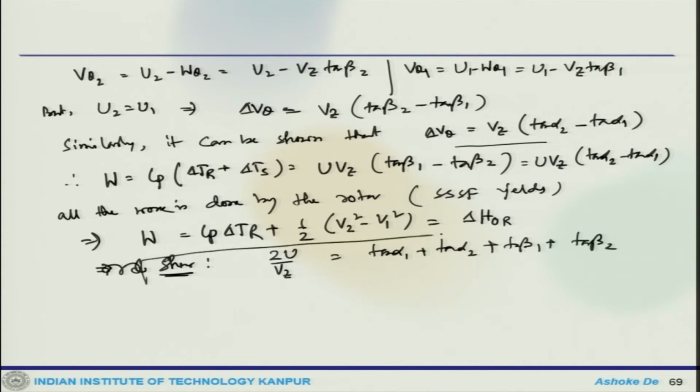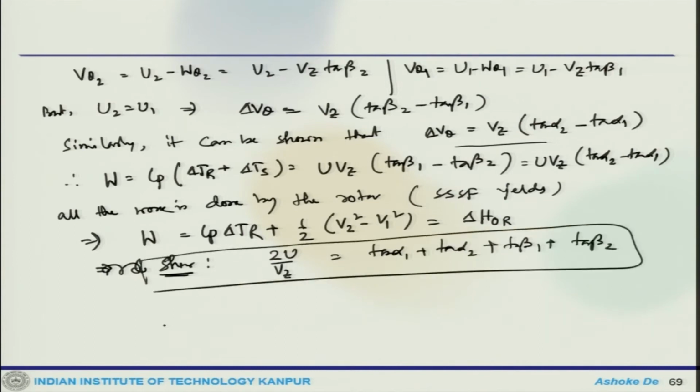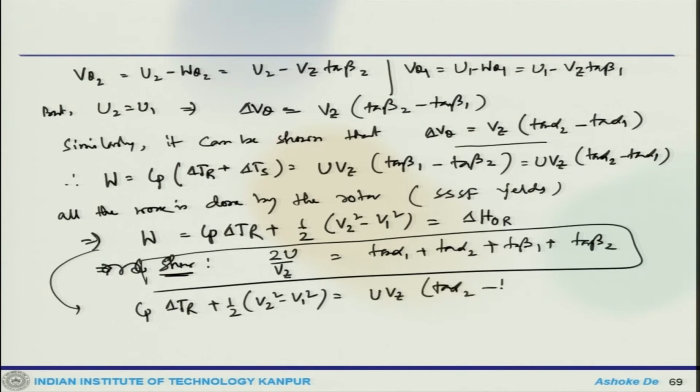We can use this and write Cp delta T r plus half V 2 square minus V 1 square equals u V z tan alpha 2 minus tan alpha 1.